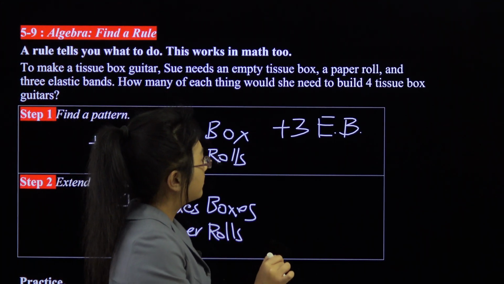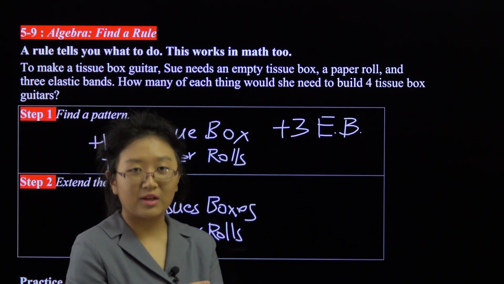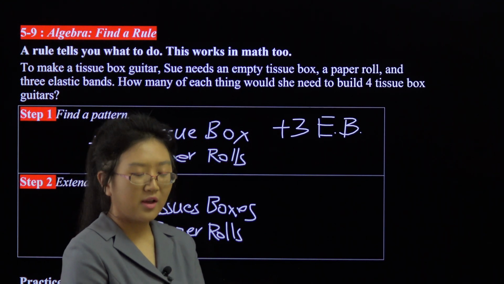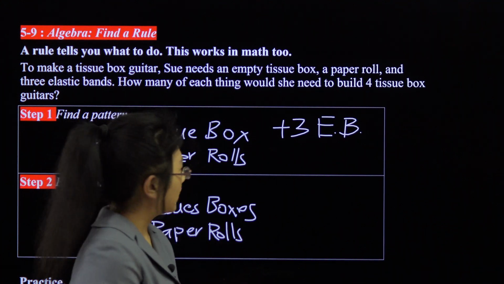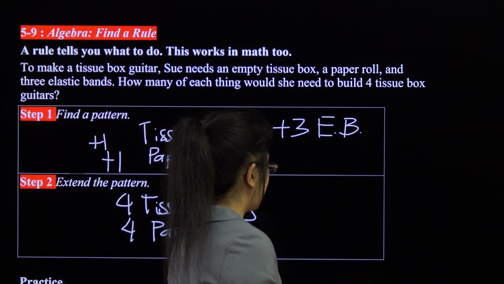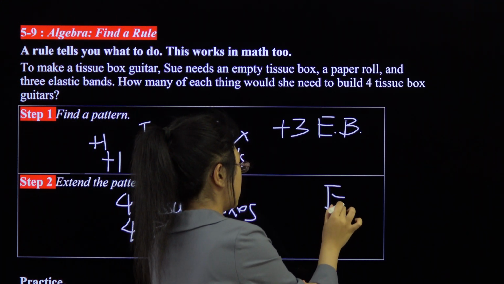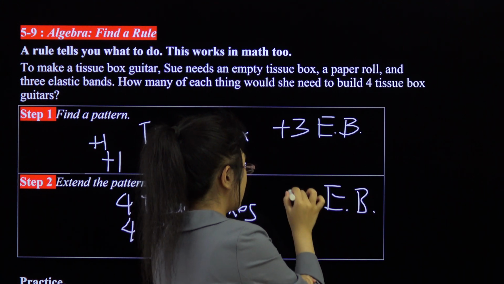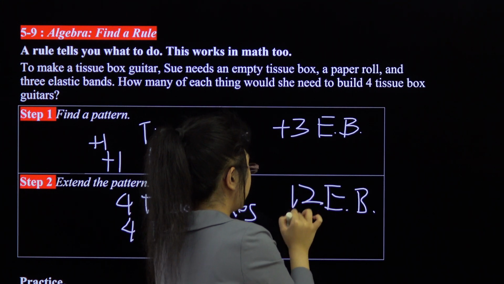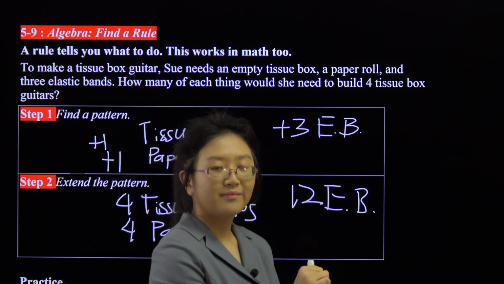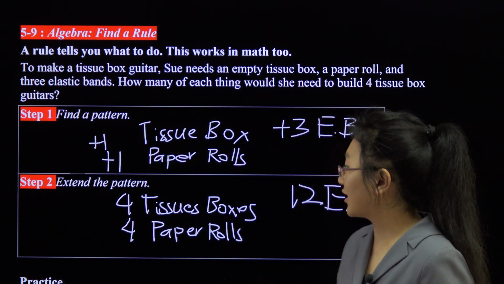And then 3 + 3 + 3 + 3, which is 4 times 3 for elastic bands. And 4 times 3 equals 12. 12 elastic bands. We move on to some practice problems.